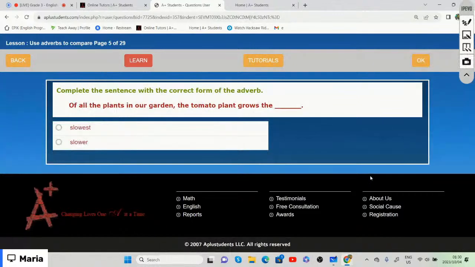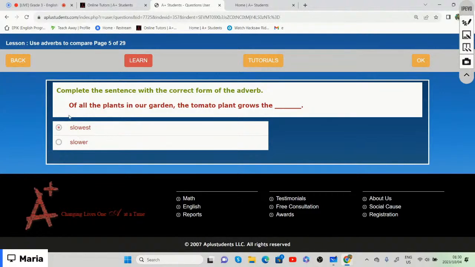And of all the plants in our garden, the tomato plant grows so the tomato is being compared to all the other plants in the garden. So we can say slowest.